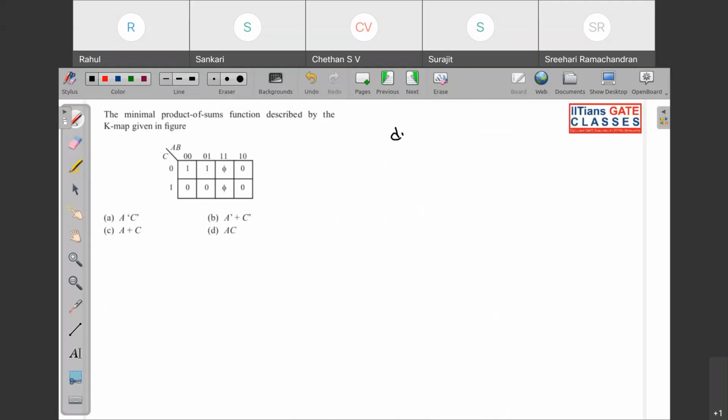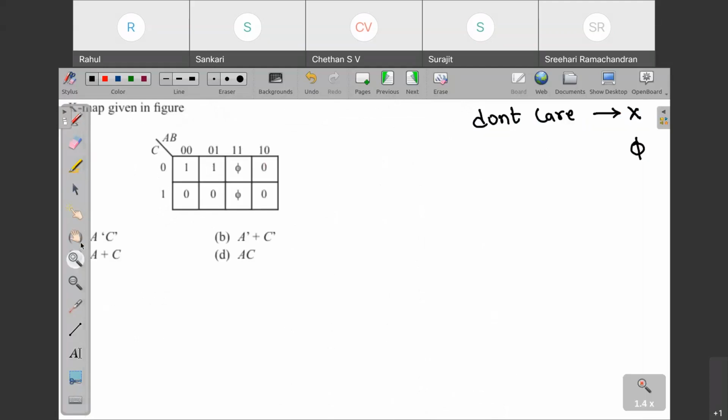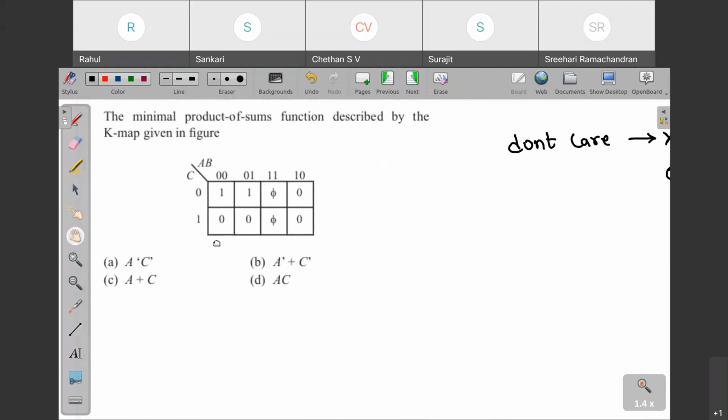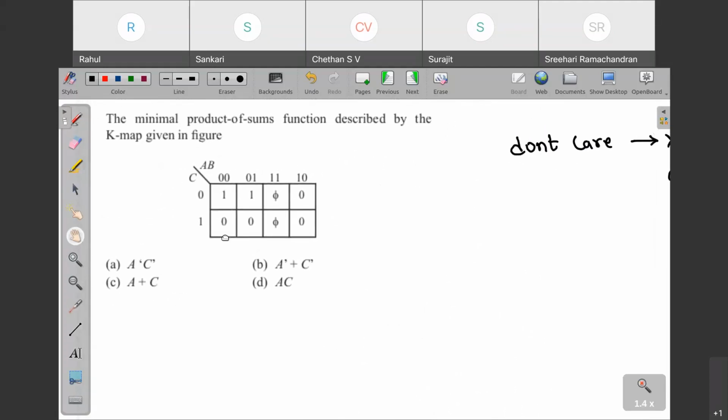Don't care is represented using this symbol or using this phi symbol, whichever way you can have. So very quickly, tell me what will be the minimized expression over here. Now you will understand what I was trying to say.